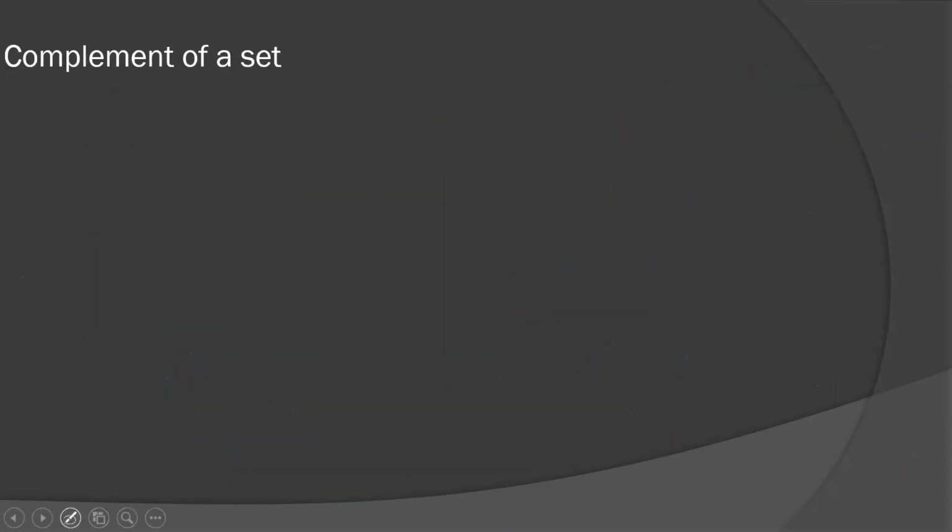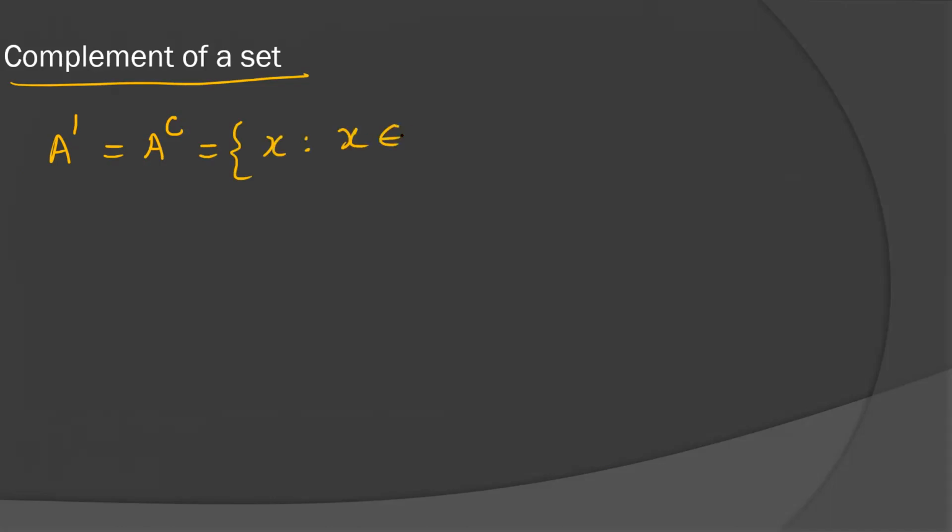Next definition is the complement of a set. A complement is defined by these two notations, A complement like this or this, and this is the collection of all x belonging to the universal set but not belonging to A. If you see the definition, it matches a different one.